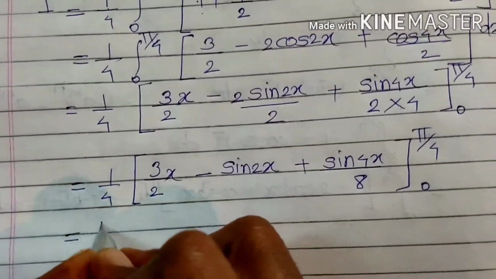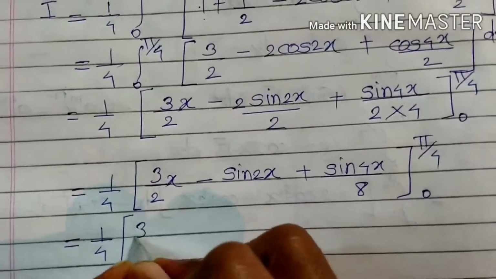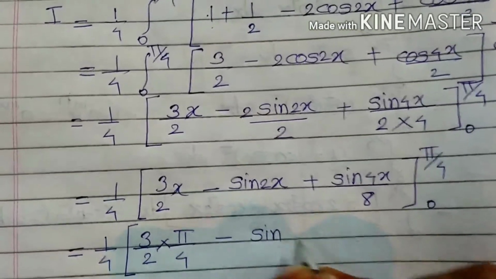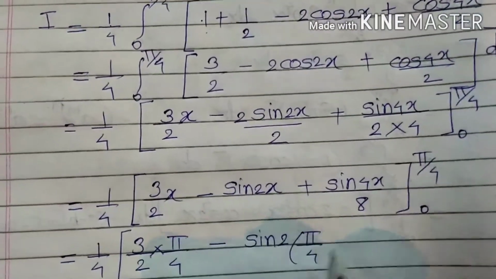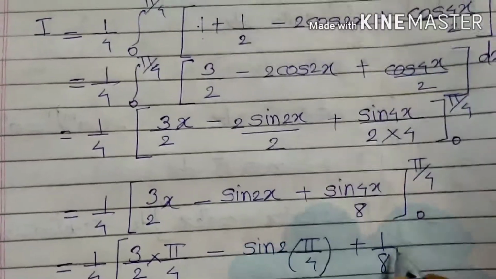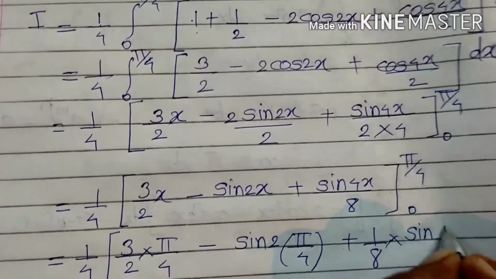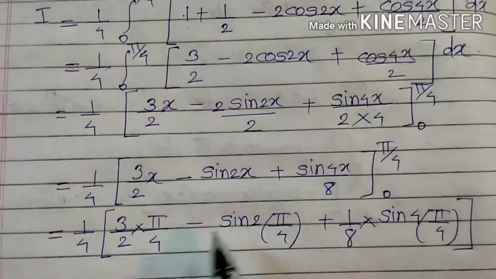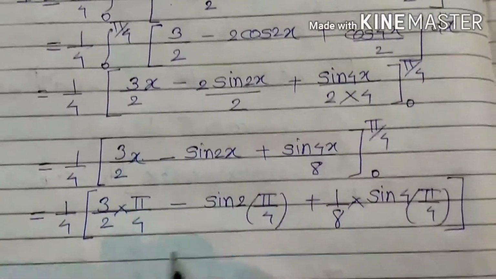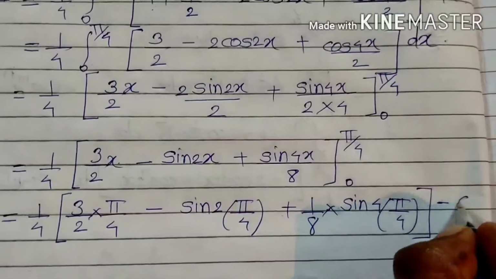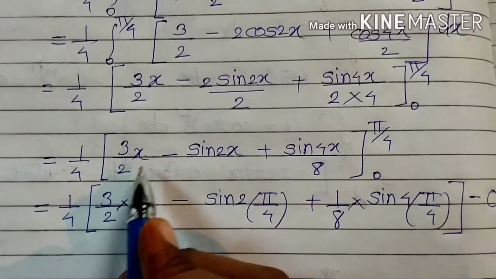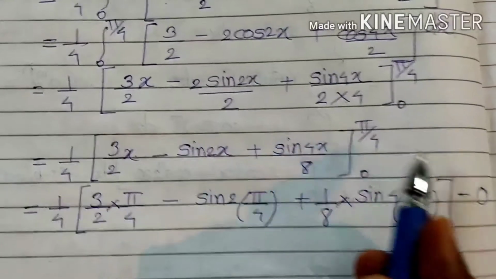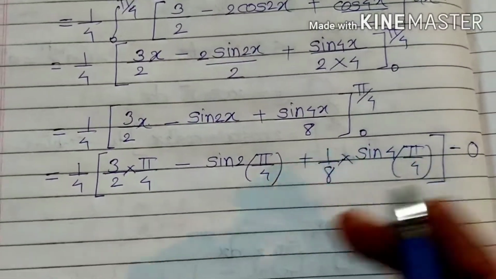So it is 1 by 4, 3 by 2 into pi by 4 minus sin 2 into pi by 4 plus 1 by 8 common into sin 4 pi by 4. And we know that 3 by 2 into 0, so you can write here minus 0. Why? Because 3 by 2 into 0 is 0. Sin 0 is 0. Sin 4 into 0 is 0. Sin 0 is 0. That's why its whole term will get 0.